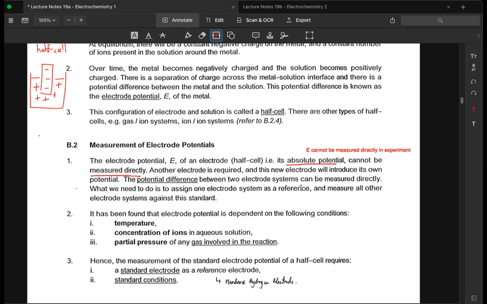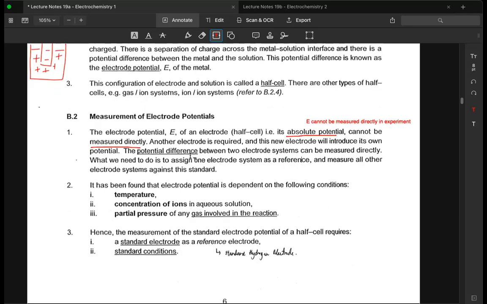There's no instrument to measure it. Just like in your lab for physics, you have a voltmeter. The voltmeter can only measure potential difference, but not potential. Same thing. So it cannot be measured directly.